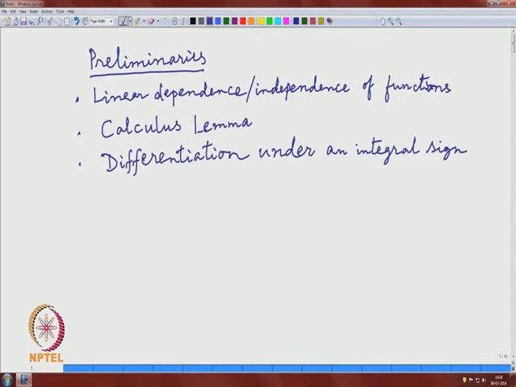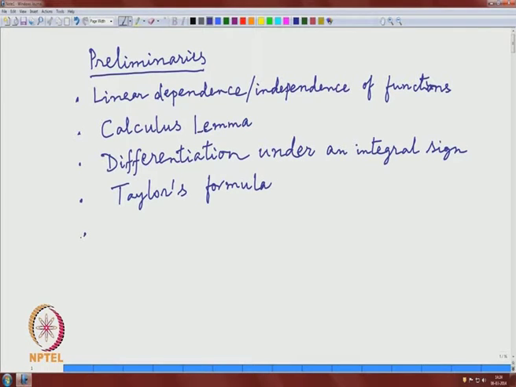And then we will also learn something about Taylor's formula, which will be used in the linearization theory of nonlinear equations. Okay.